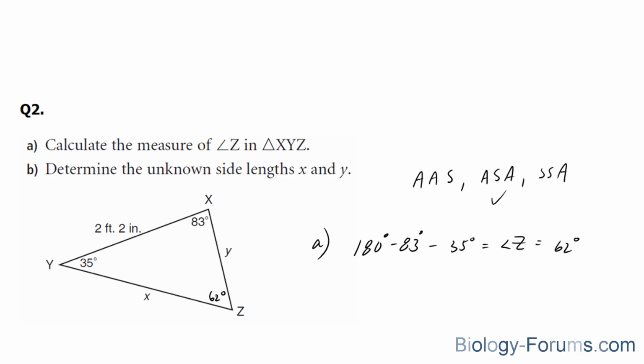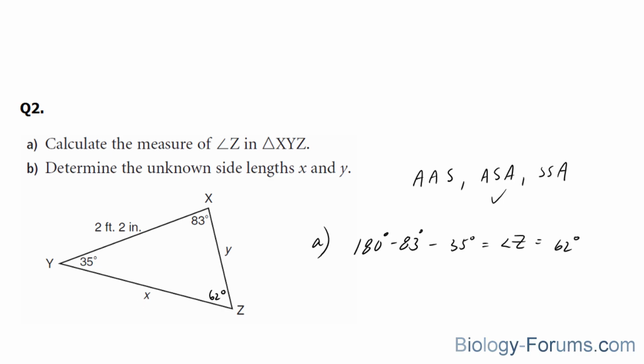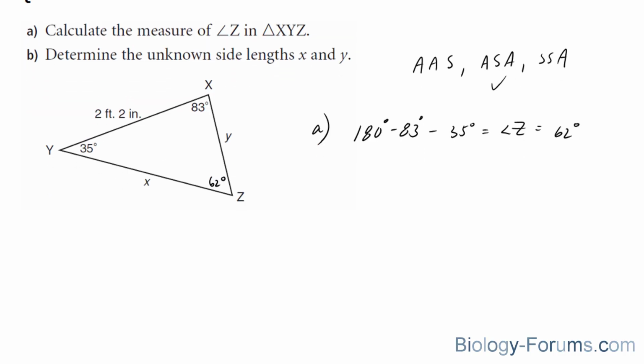The next thing that we need to do is find out Y and X. Let's start with finding out Y. In this case, we have a completed side length to angle ratio, and once again, I'm going to use A, B, and C. We have sine 62, which we just found, over 2 feet and 2 inches.